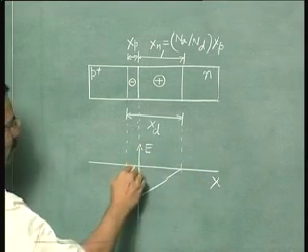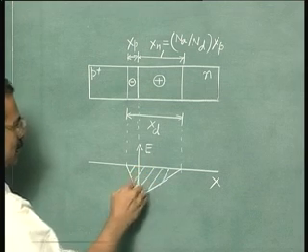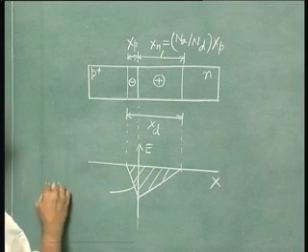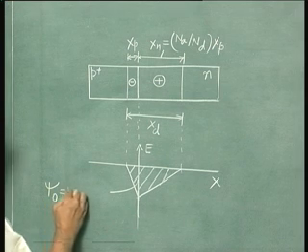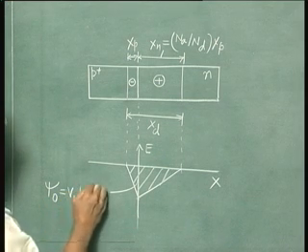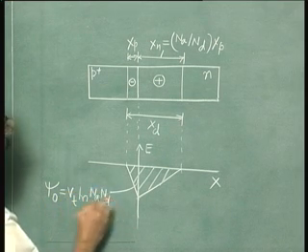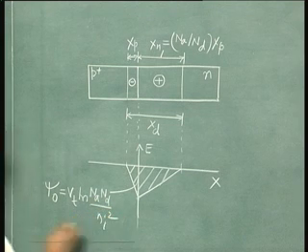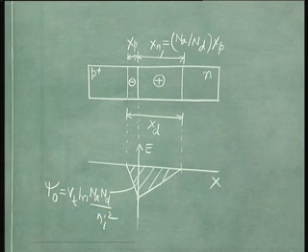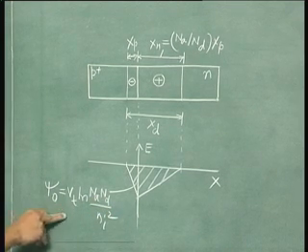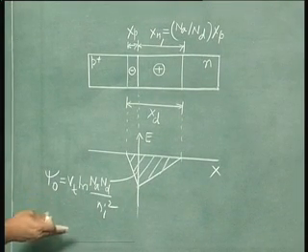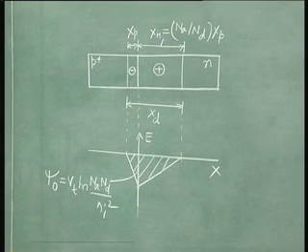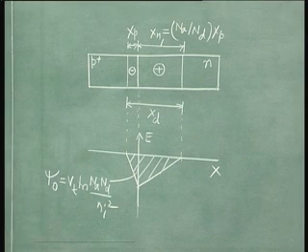The area under this built-in field distribution is the potential psi naught, the built-in potential psi naught, which is given by Vt into ln of Na Nd upon Ni square. This formula was obtained by using the transport equations Jn equal to 0 or Jp equal to 0, transport equations under equilibrium.